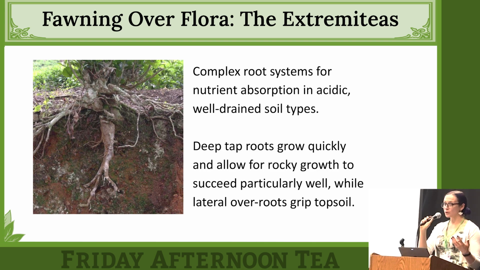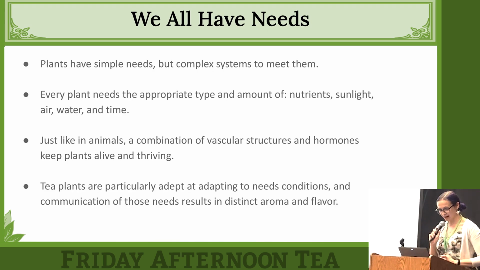That can happen. Okay, so we have internal systems that can detect when there's too much or not enough of a certain nutrient, and we can move the roots accordingly or draw from either the overroots or the taproot at more length to get what we need here. It's brilliant. It's like they've got brains in their feet. Love it.